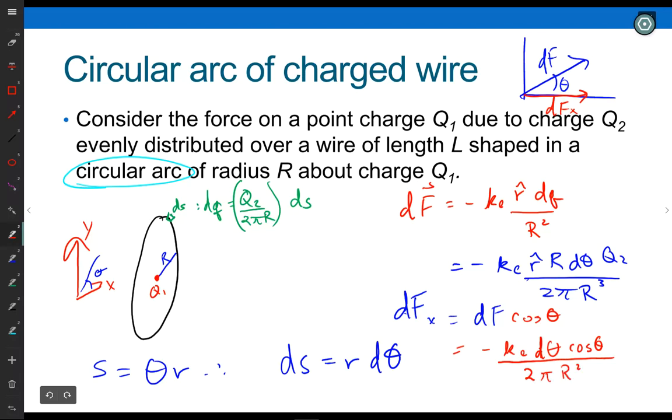Notice I had r on top and r cubed on bottom, so it came back to over r squared. So there's my dFx. And likewise, I'll have dFy. The y component is going to be the opposite side. Opposite over hypotenuse is sine.